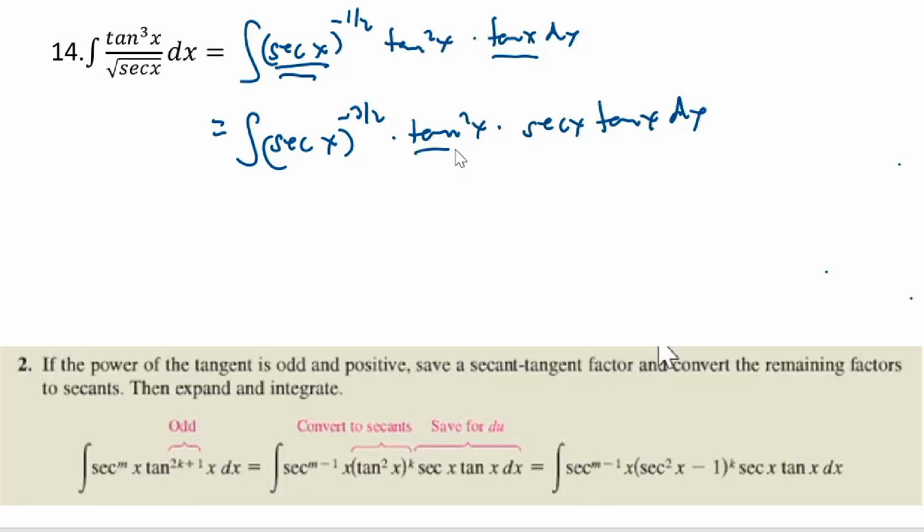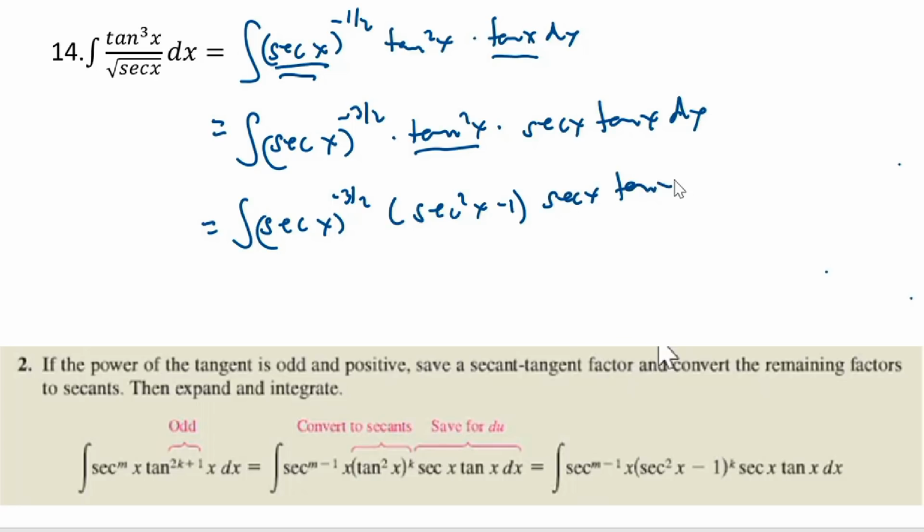Now, I'm going to write the identity of tangent squared x. So I will write first secant x to the power of negative 3 halves times secant squared x minus 1 times secant x tangent x dx.